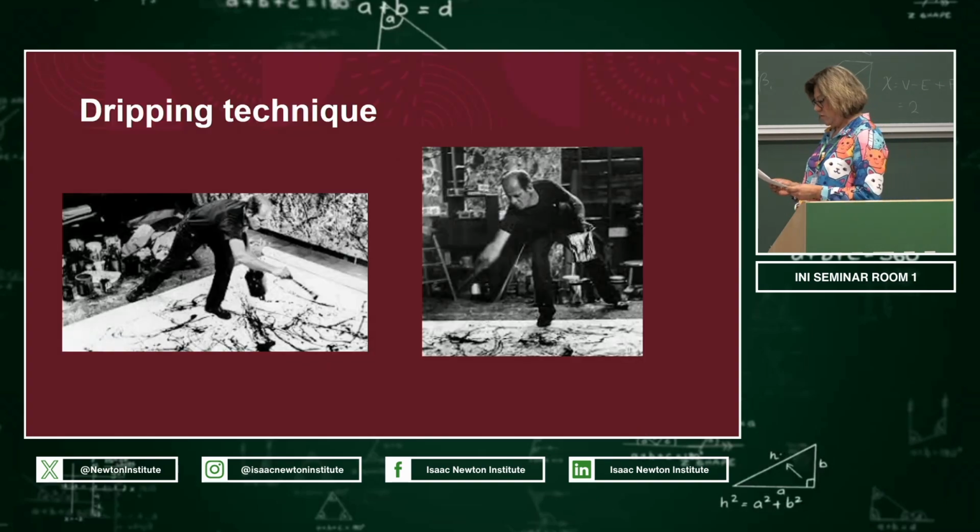The drip or pouring technique is one of the techniques that stands out the most, and we have conducted many experiments regarding it. His works are easily recognizable. There is no doubt that it's a Pollock.